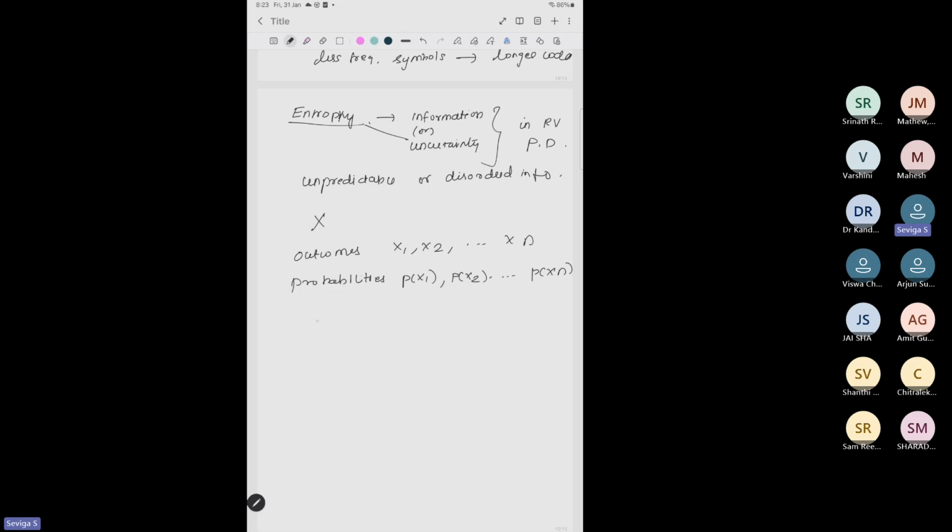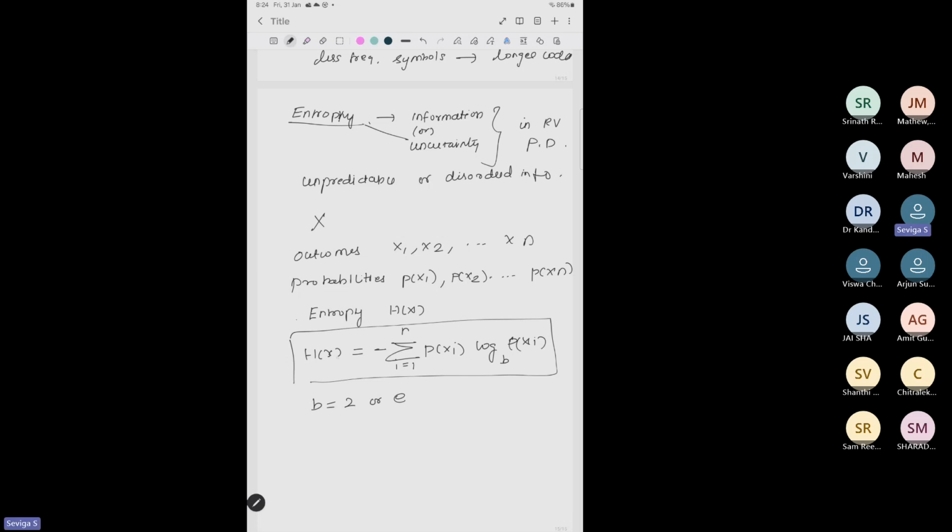The entropy is given as H of X, which is equal to minus summation i equals 1 to n, p of xi log of p of xi. This log is to the base b, where the base is 2 or the natural logarithm e. So this is the formula for entropy.